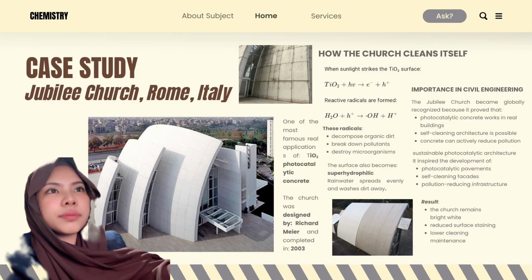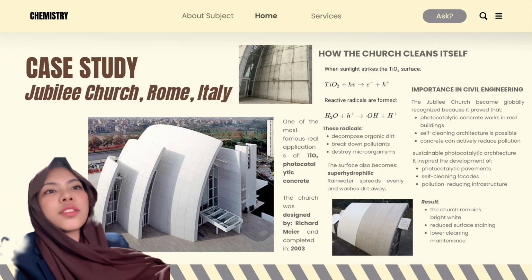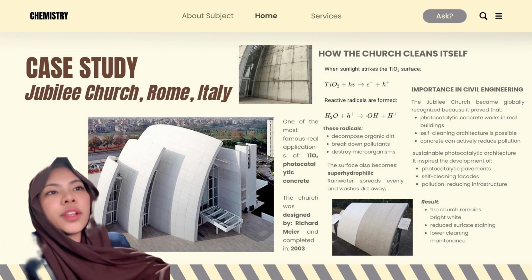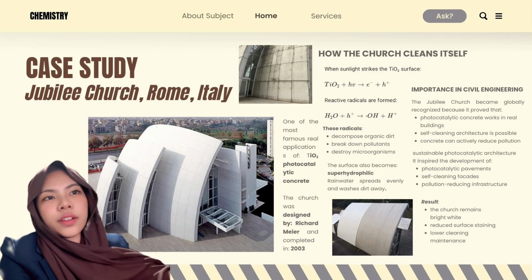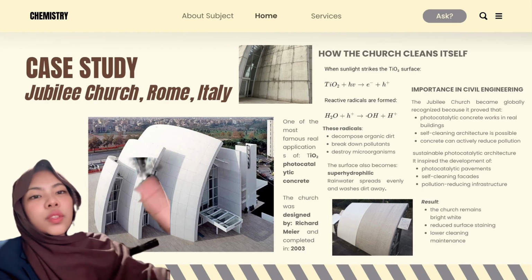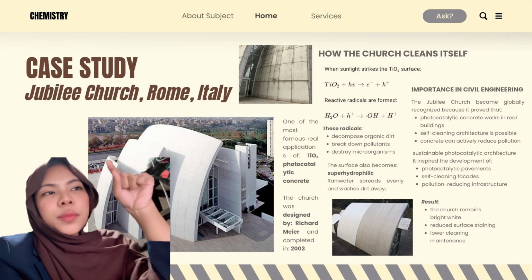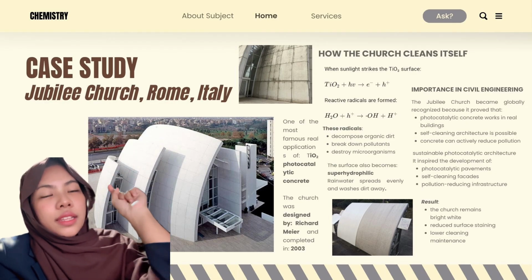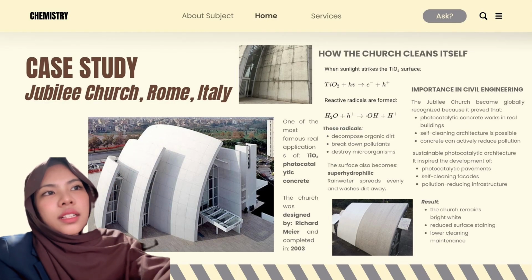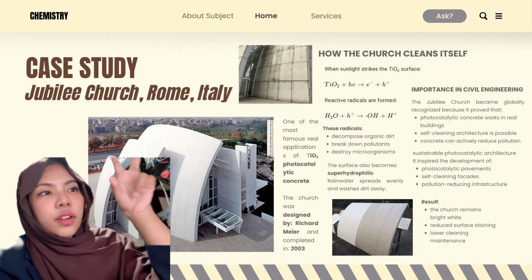So the case study we took is the Jubilee Church in Rome, Italy, one of the most famous real applications of TiO2 photocatalytic concrete. The church was designed by Richard Meier and completed in 2003. When the sunlight strikes the TiO2 surface, TiO2 plus hv becomes e minus plus h plus, and these radicals decompose organic dirt, break down pollution, and destroy microorganisms.